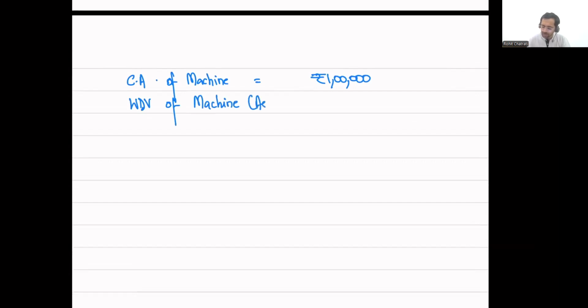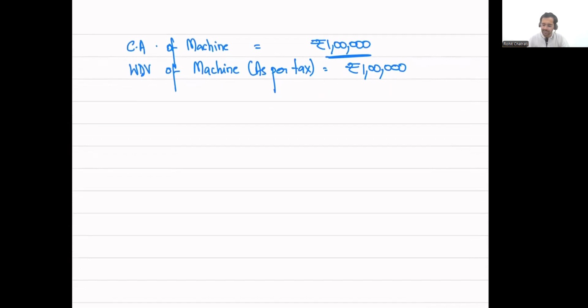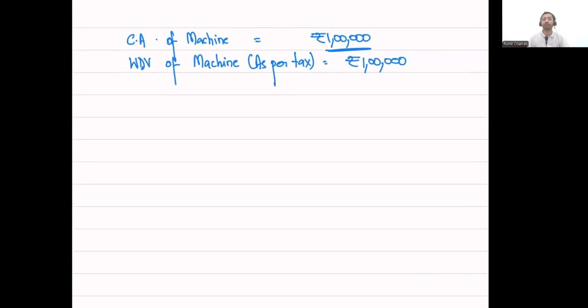So the carrying amount and WDV are equal. Let us say I'm now revaluing this machine upwards to 1,50,000.